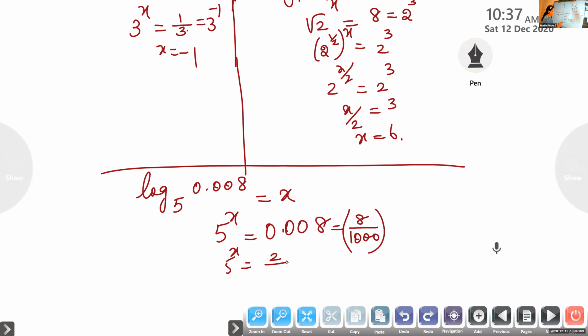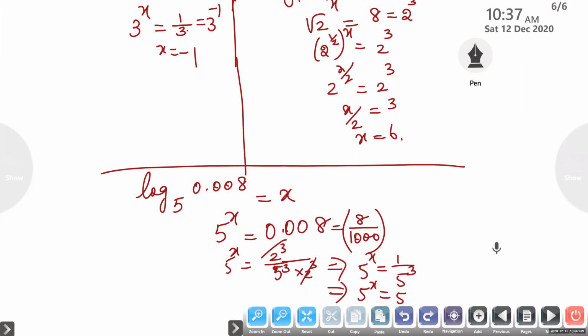Very good. Then that 2 raised to 3 will get cancelled. 5 raised to x is 1 by 5 raised to 3. Yes, 5 raised to x is 5 raised to minus 3. x is minus 3. Correct. Very good, Aditya.